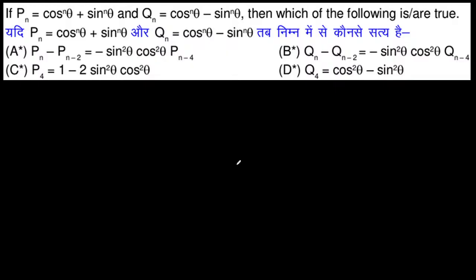This is one of the difficult questions falling in this category. Pn Qn is this thing. We have to find Pn minus 2. Pn minus 2 is nothing but this thing, cos theta to the power n minus 2 plus sin theta to the power n minus 2.